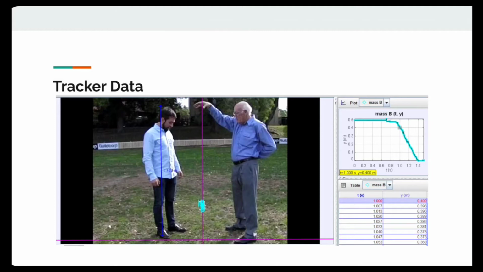And then from there we tracked the bottom of the slinky over time, and as you can see, for the first 0.7 seconds or so, the bottom of the slinky does not move, and then it does begin to move. It first accelerates, and then it has a somewhat constant slope, kind of alluding to the fact that it is falling and then reaches terminal velocity and doesn't really continue to accelerate.